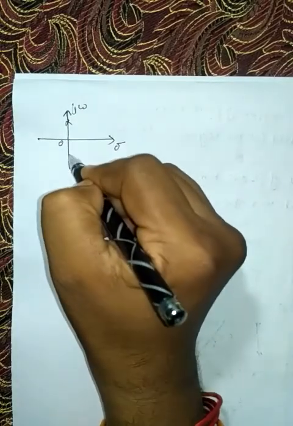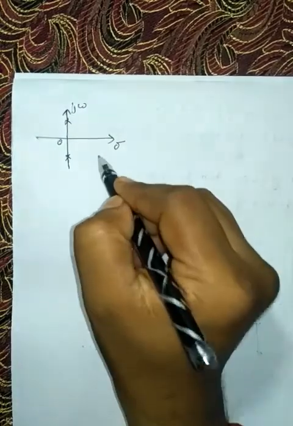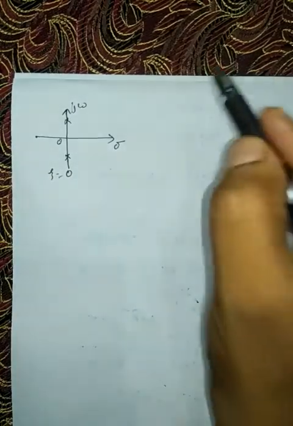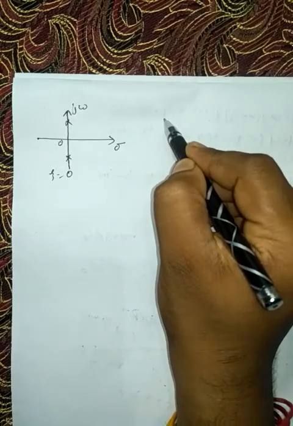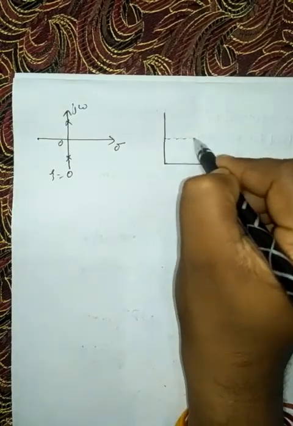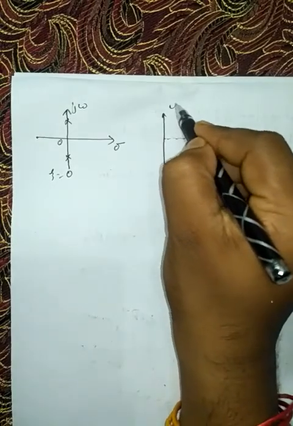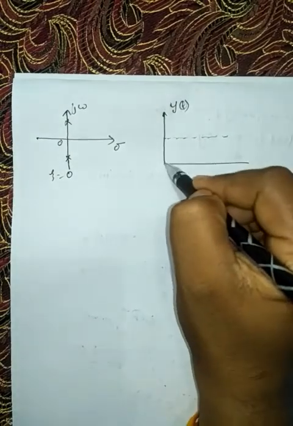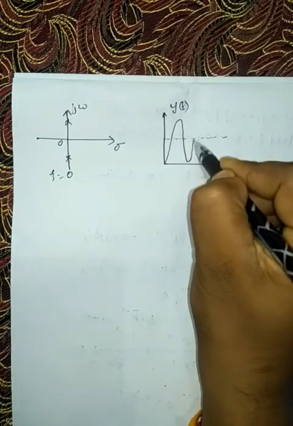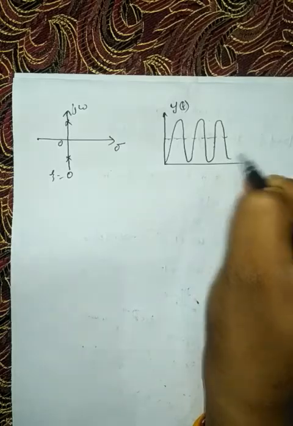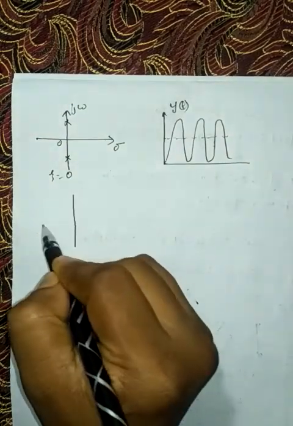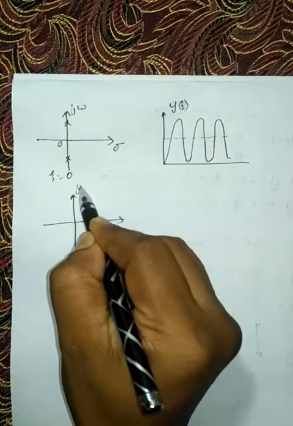If I have complex imaginary poles, then zeta is equal to 0, and in that case undamped response, then the case is like this.